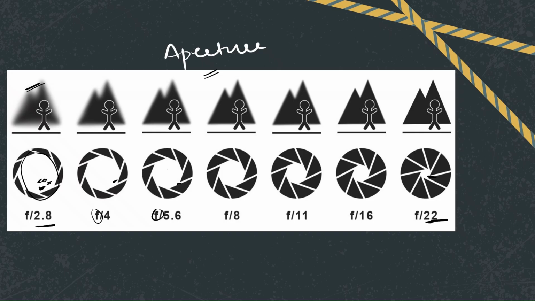Now, a small aperture, like f/16 or f/22, lets in less light, but it keeps most of the scene in sharp focus. Now, in forensic photography, the wrong aperture choice can either blur your important background context, or it can fail to isolate the evidence clearly enough for the court.